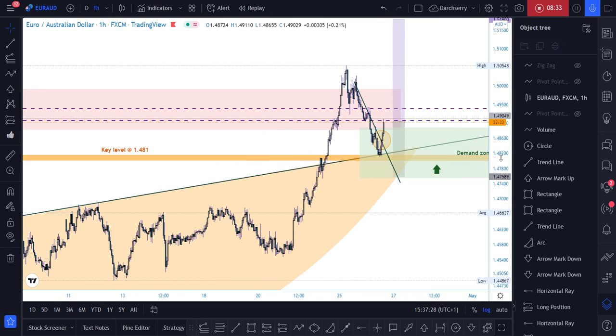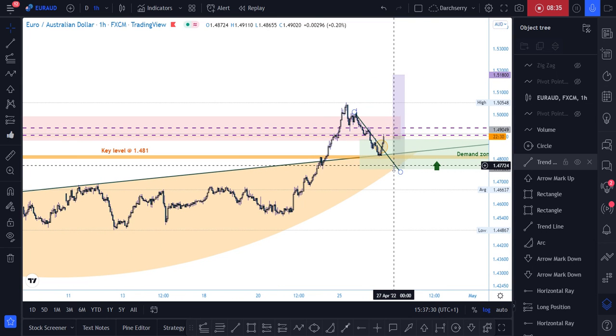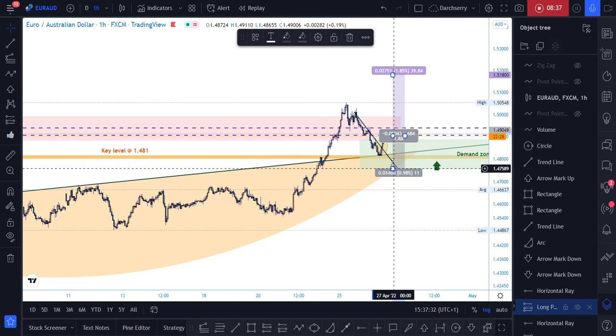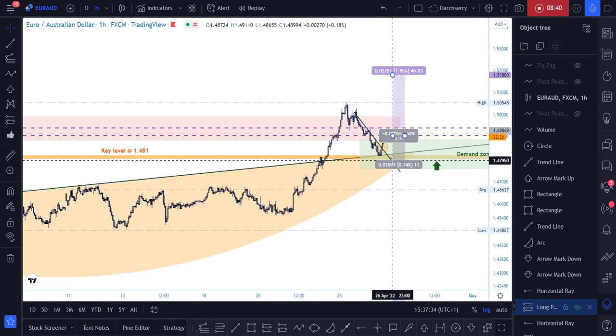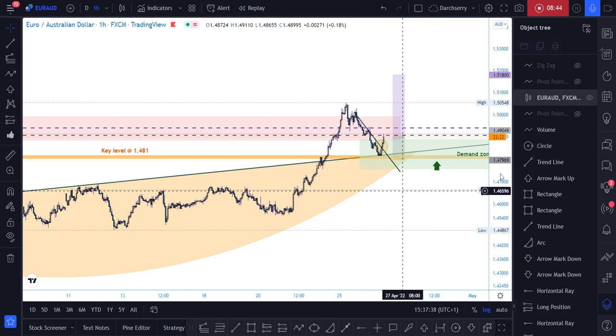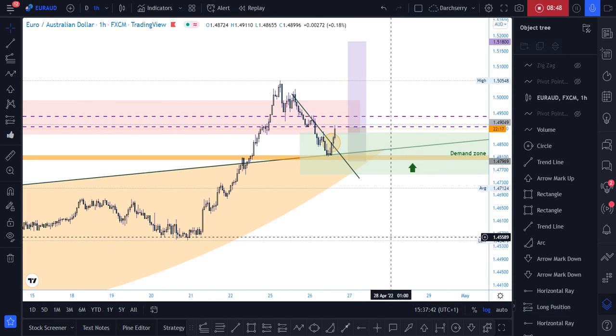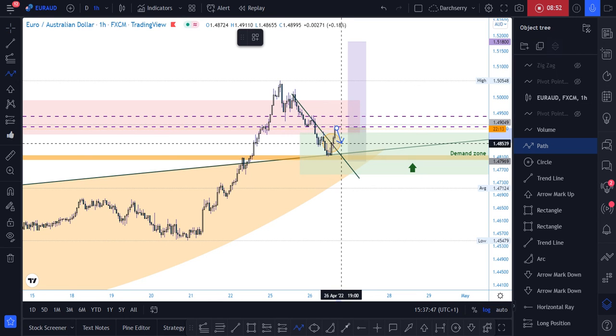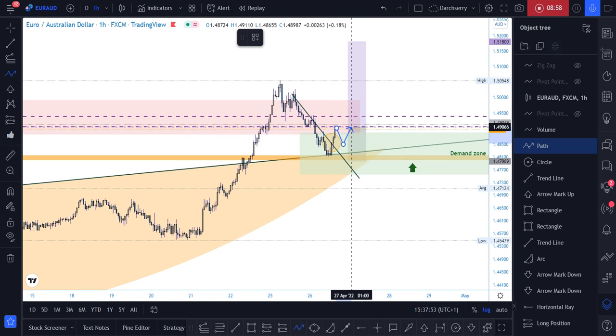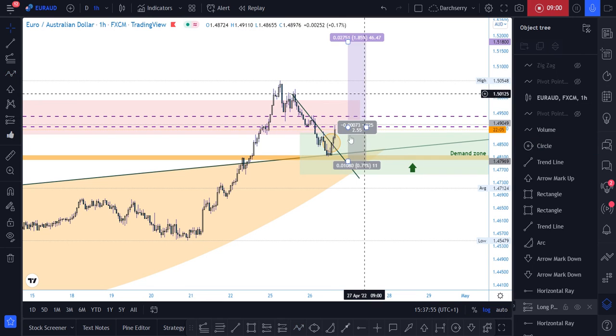We want to be looking at our stop loss right below this key level, since we entered at that area. However, if we wait and see if price is going to probably come down a little bit, then we could actually put a position at that particular point in time before price moves up.